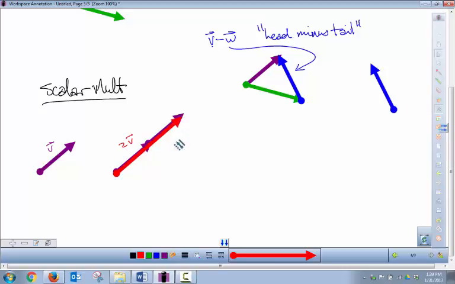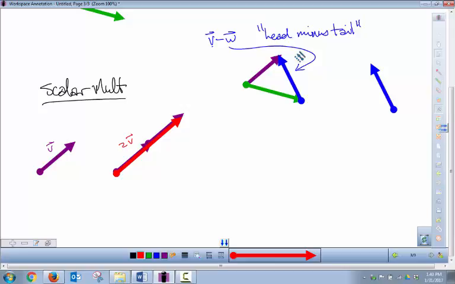Scalar multiplication, right? You're scaling the vector. You're doubling it. Or you could take half of it if you want. You can even take the negative of it. And so Frederick made a comment about the head minus tail business. That would have made a little bit more sense if I had talked about scalar multiplication first.